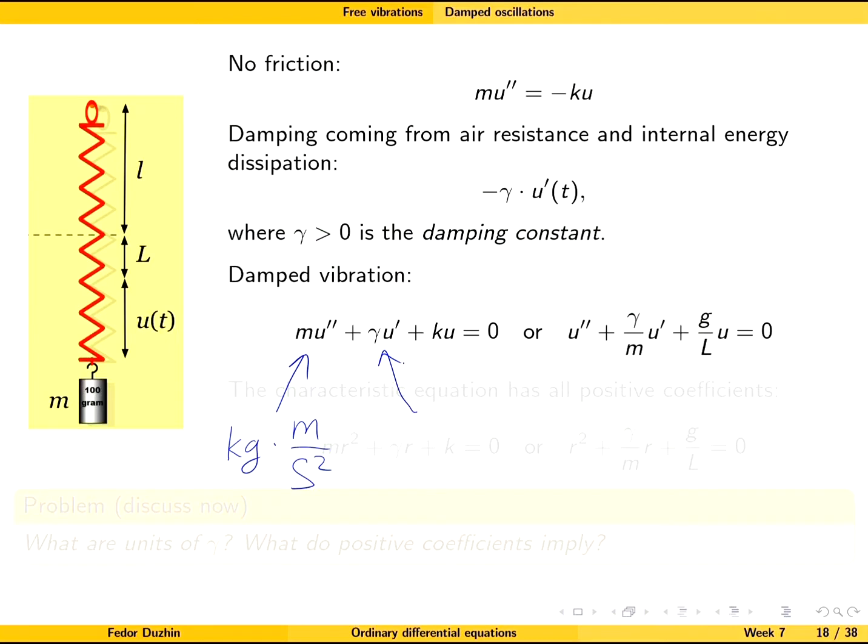So the units here should be the same. And the units here are the units of gamma, which we don't know, times the units of u prime, which are meters per second. In order for this to make sense, the units of both of them should be the same, so I need to write kilograms per second here, right? Which means that the units of gamma, the units of the damping constant, are kilograms per second, whatever that means.